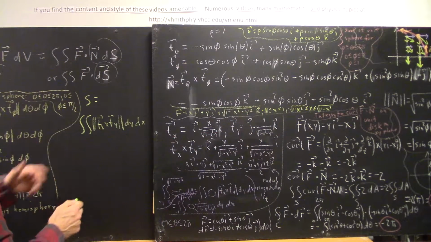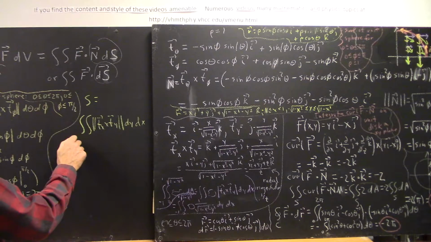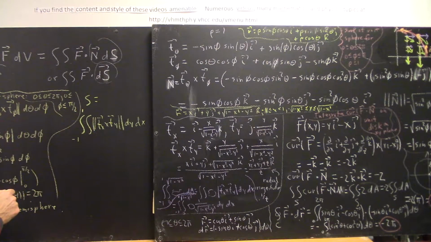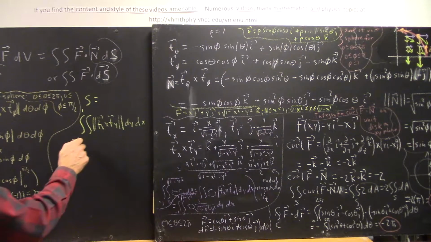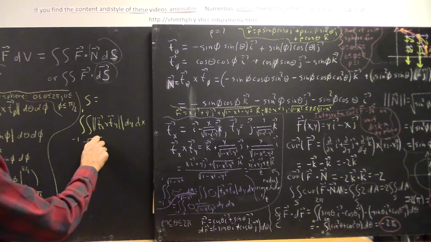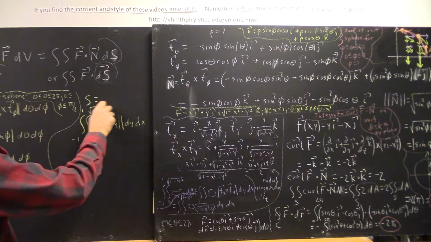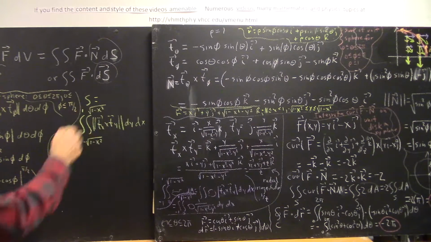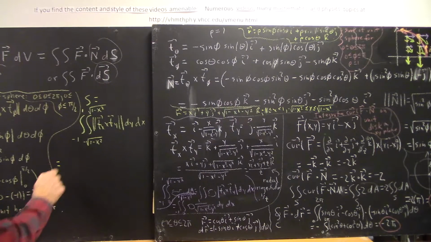Now, we're doing the hemisphere, so we're going to let x go from -1 to 1. And actually, yeah, we're going to go over the whole interval. We'll see how this works.